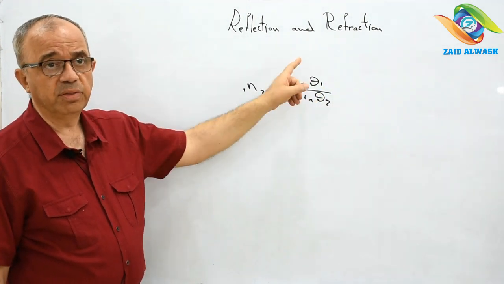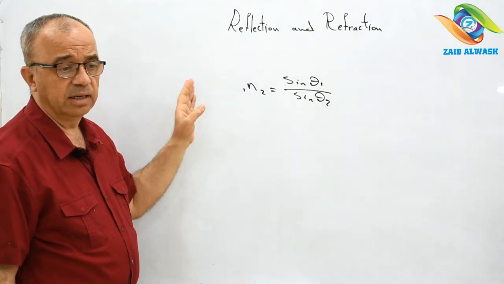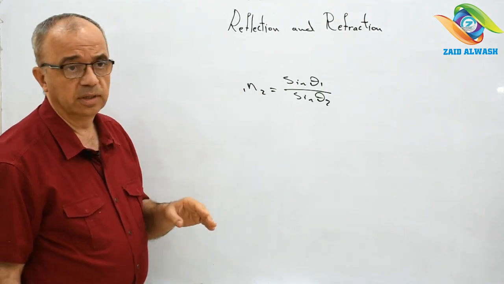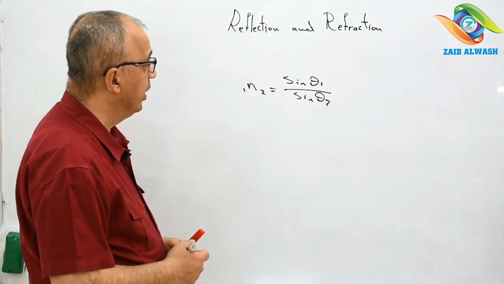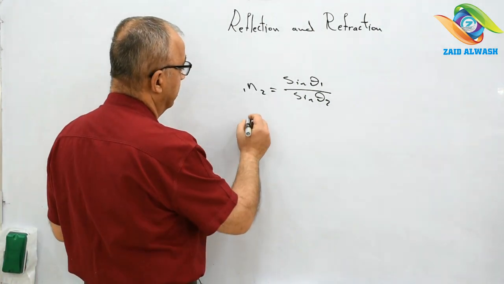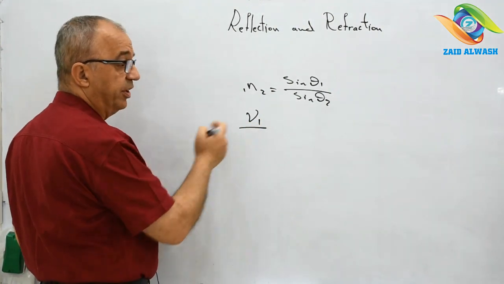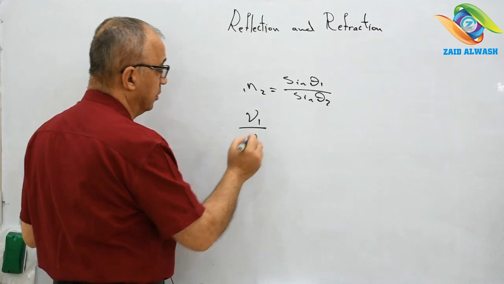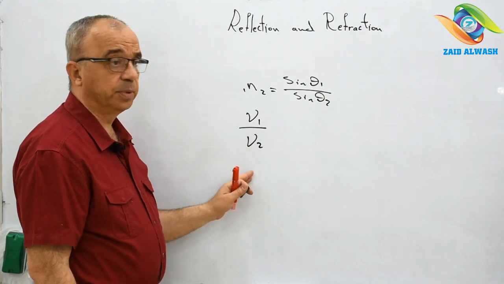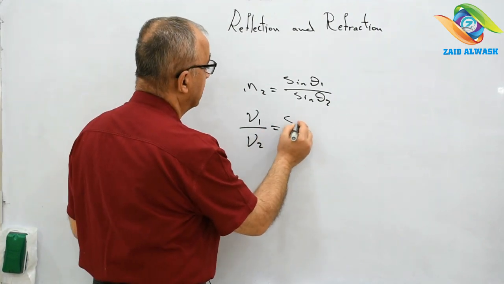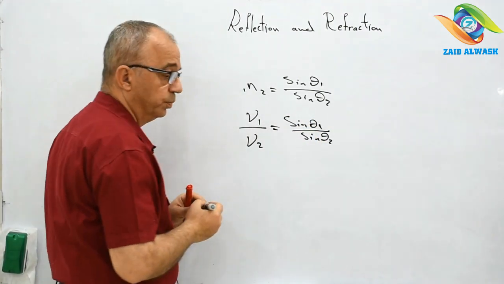The ratio between them equals the relative index of refraction. But we must know the speed of the light in the first transparent medium, V1, over the speed of the light in the second transparent medium, V2, equals sine theta 1 over sine theta 2.